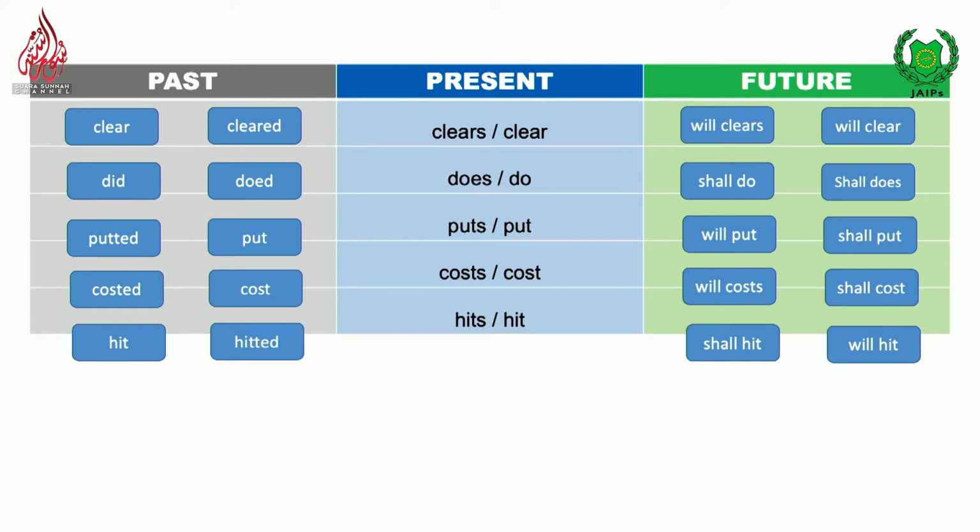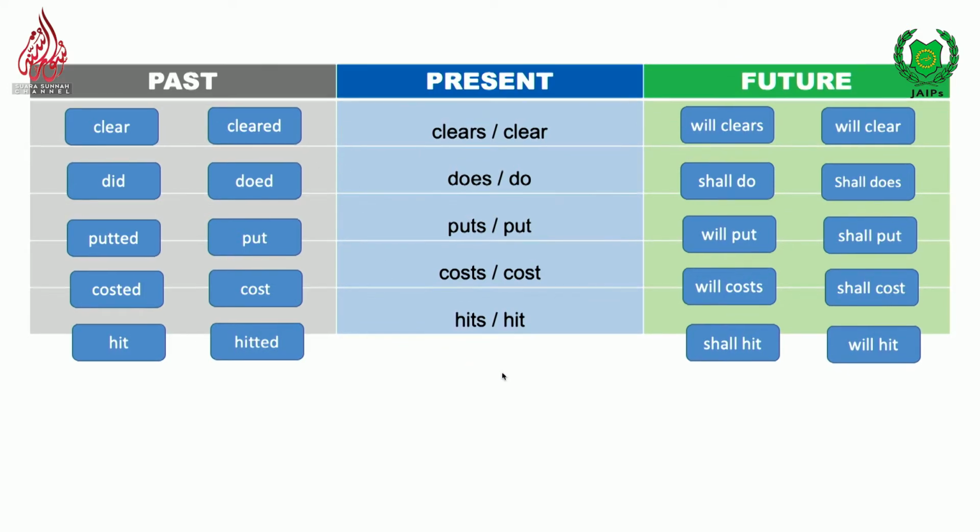Okay, let us test our understanding. Let's look here: clears and clear, which is the present tense. What is the answer for clears and clear for past tense? Should it be clear or should it be cleared?